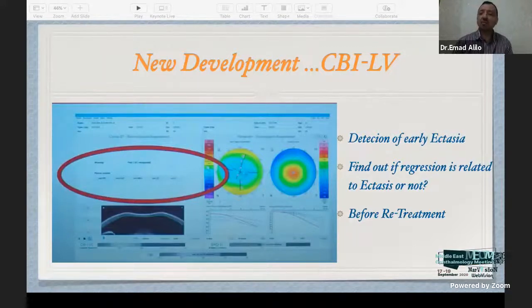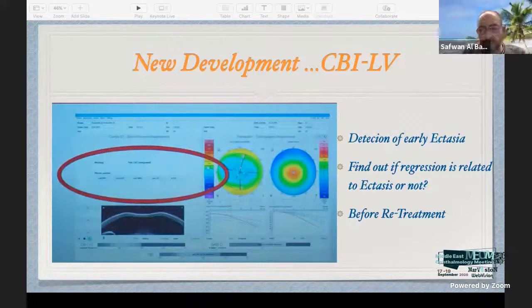They tried to put a normative data for post-laser vision correction. This is very important because previously the software did not have the ability to evaluate corneal biomechanics in non-naive eyes. So whenever you had a corneal surgery, the old software was saying that it is a bad TBI.